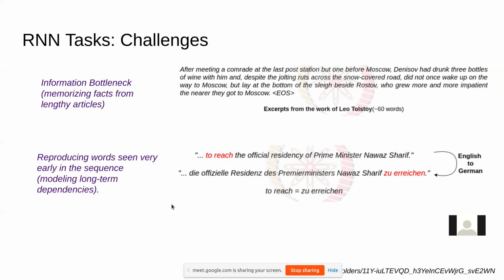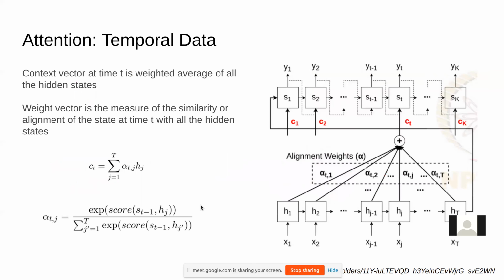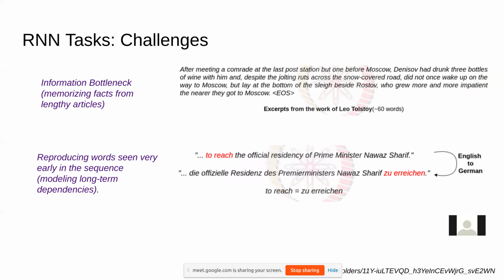So with these challenges, what can be the solution? The solution is that, suppose in this paragraph, when we have to summarize it, we want to remember some important facts, and we want to, for now, suppress the facts which are not very important, right?